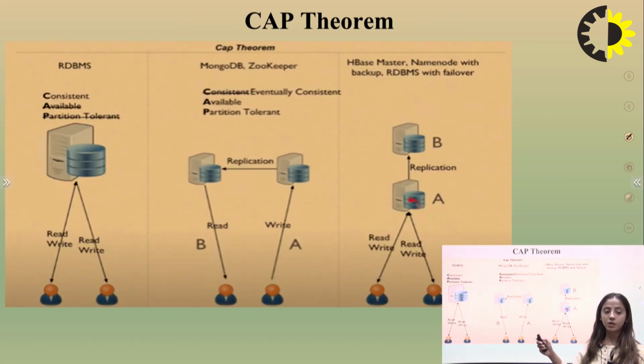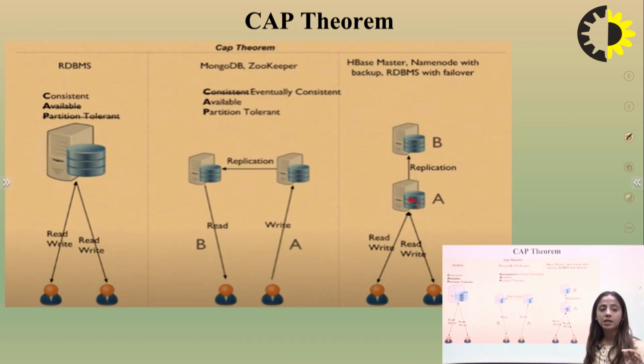Now, here you can see the CAP theorem. Consistent. Now, there is an RDBMS, there is MongoDB or Zookeeper, and there is HBase, master name node with backup RDBMS with failover. Now, the RDBMS is consistent. It is not available or partition tolerant. Then there is MongoDB, Zookeeper. It is eventually consistent, available and partition tolerant. Then HBase, master name node with backup RDBMS with failover.